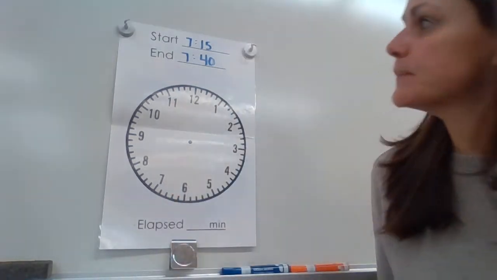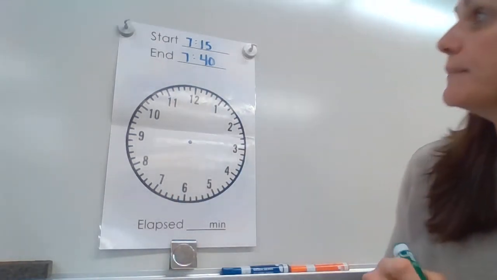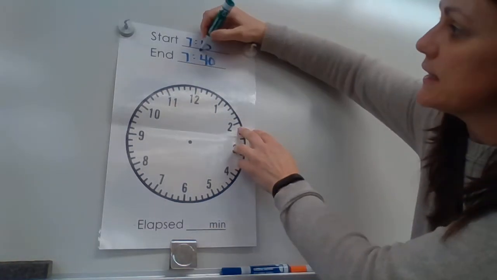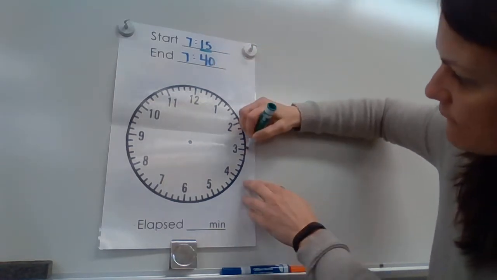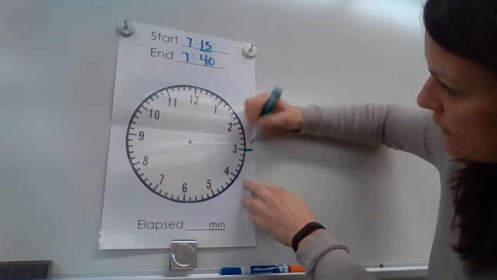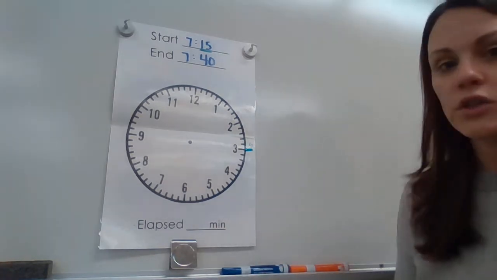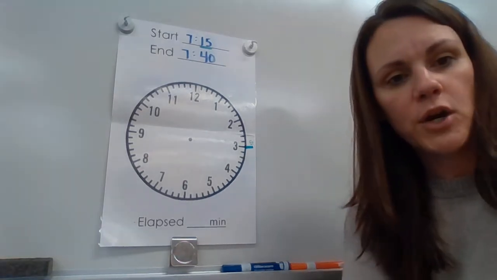All right. I'm going to use my green marker to mark the start time. Because it's 7:15, I'm focusing on those minutes. 7:15, 5, 10, 15, right here. There's my start time. I don't have a lot of room, so I'll just put an S for start. You see that okay? Hopefully. Then I get my red marker.